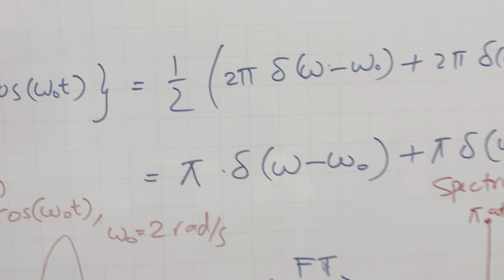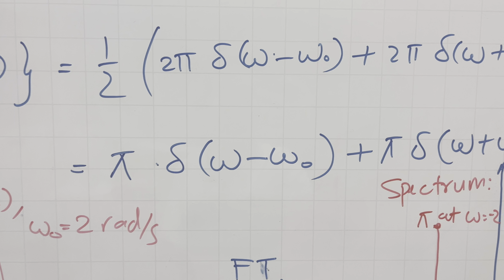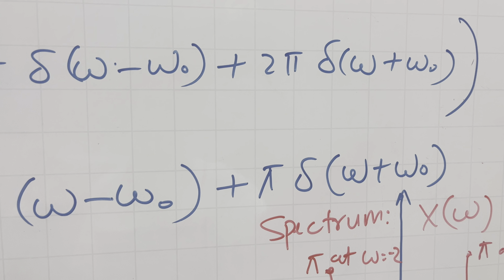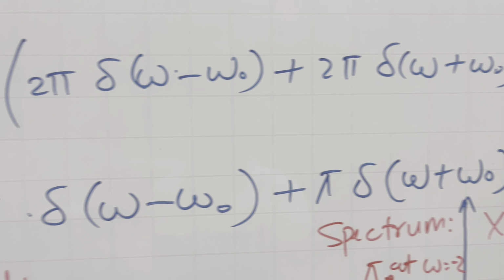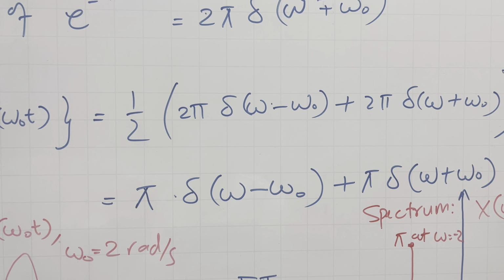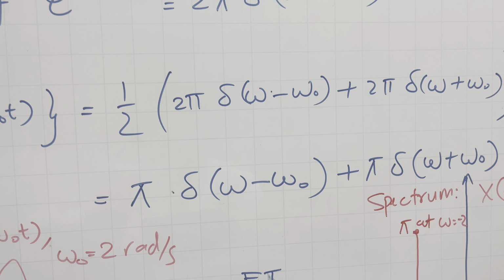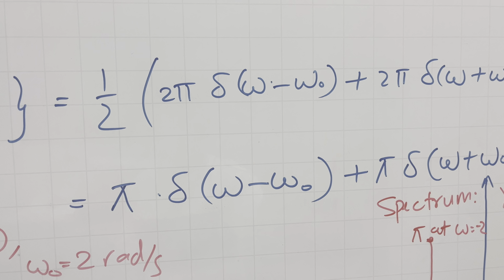So simplifying, we get pi delta(omega minus omega naught) plus pi delta(omega plus omega naught). So this is the Fourier transform of cos omega naught t. So we can see out here the signal amplitude is pi.